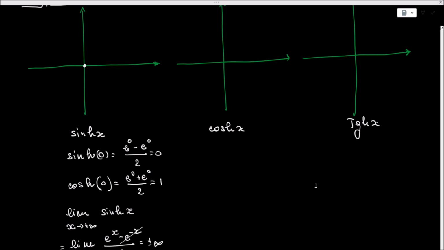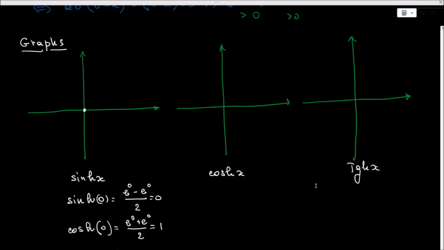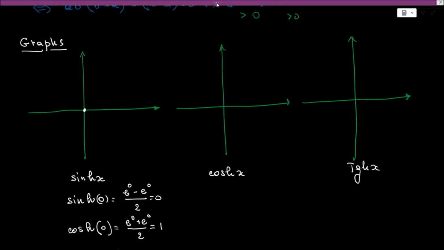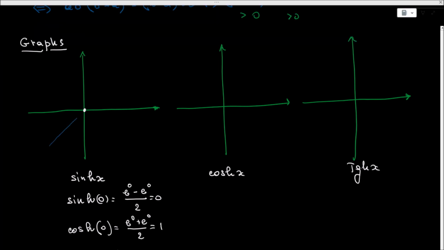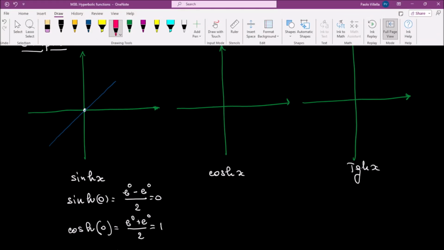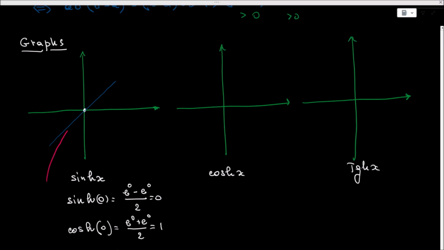So we can say that, first of all, we can attempt, if this is the bisector, we see that the hyperbolic sine will have a behavior like this.